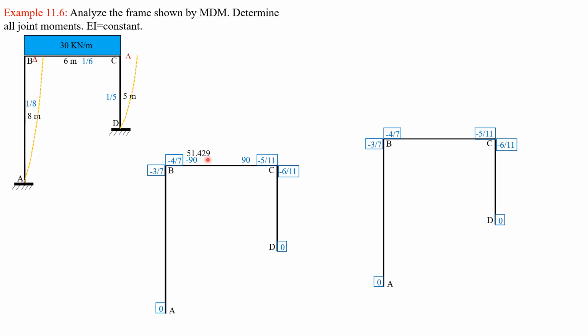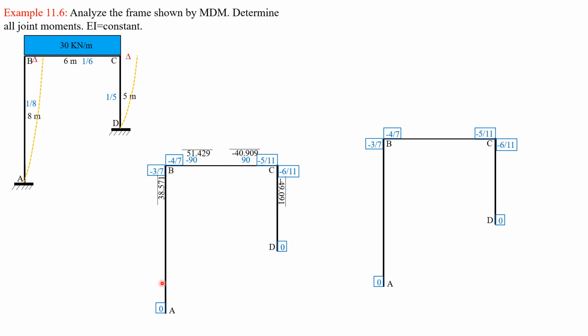So negative 90 times negative 4 over 7 is 51.429, we lock it partially. Negative 90 times negative 3 over 7 is 38.571, lock it partially. Then 90 times negative 5 over 11, negative 40.909, lock partially. 90 times negative 6 over 11, negative 49.091, lock partially.